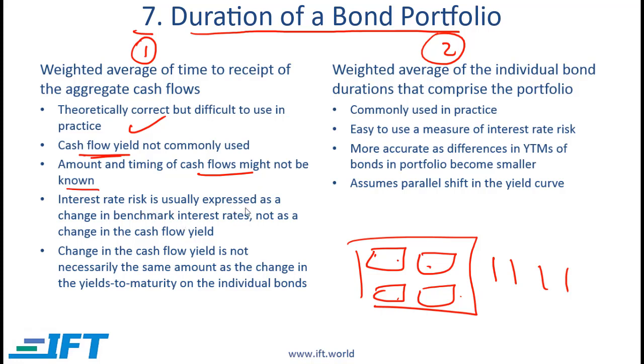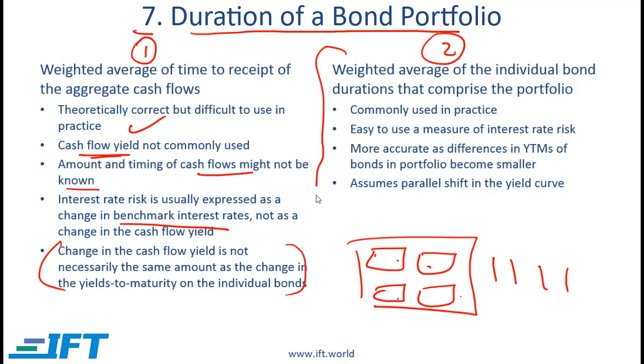Interest rate risk is usually expressed as a change in benchmark interest rates, such as government interest rates, and not as a change in cash flow yield. And finally, change in the cash flow yield is not necessarily the same amount as the change in the YTMs on the individual bonds. Just remember the statement, you really don't need to get into too much detail.